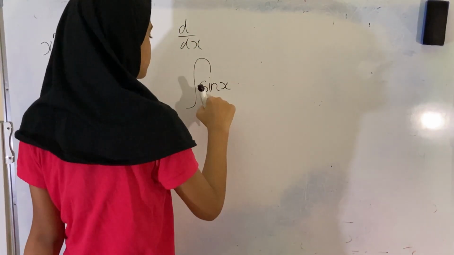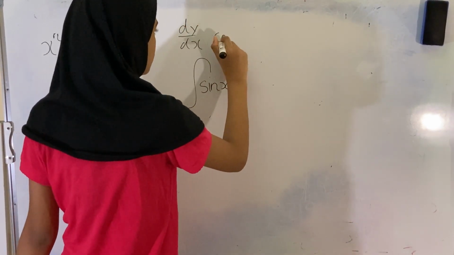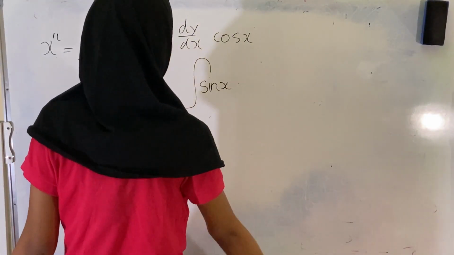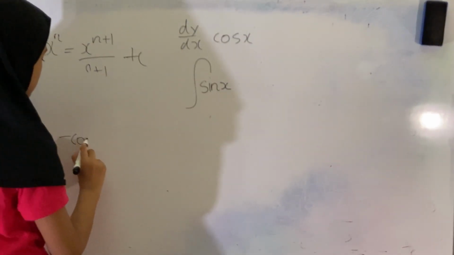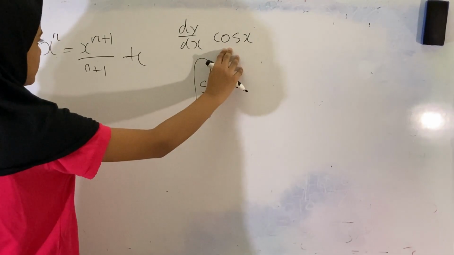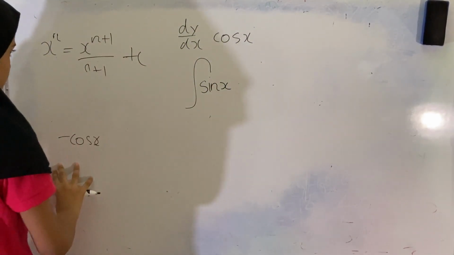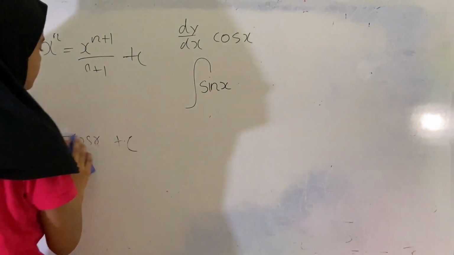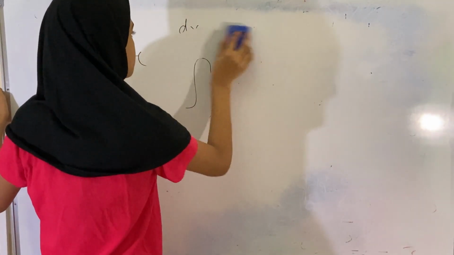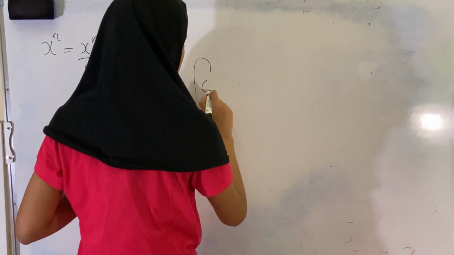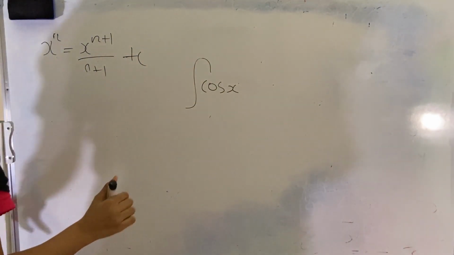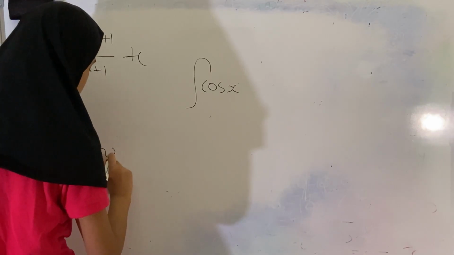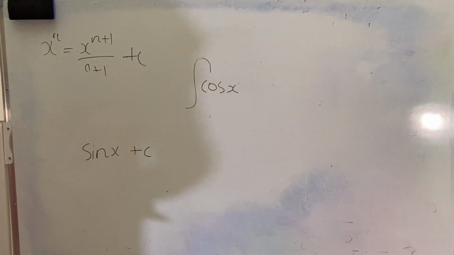The differentiation of cos x is minus sine x, so the integration of sine x is going to be minus cos x plus c. If the question is cos x, the differentiation of sine x is cos x, so the integration of cos x is going to be sine x plus c. It's just like that.